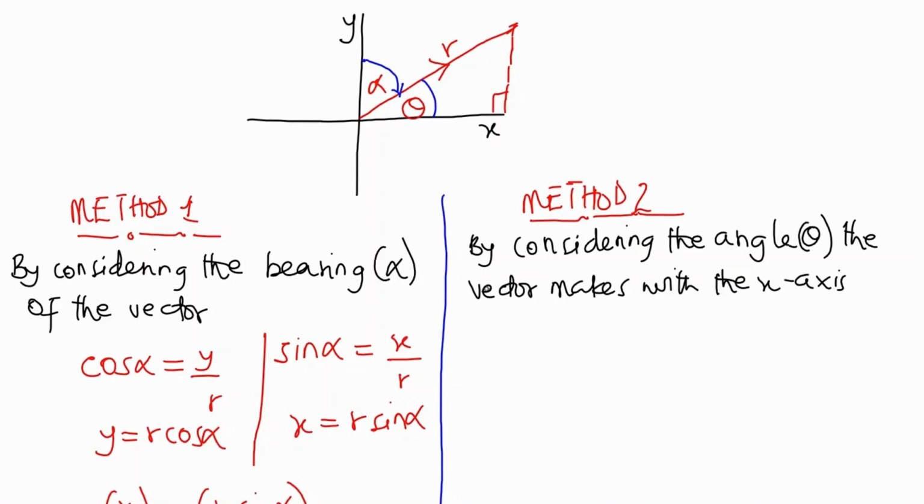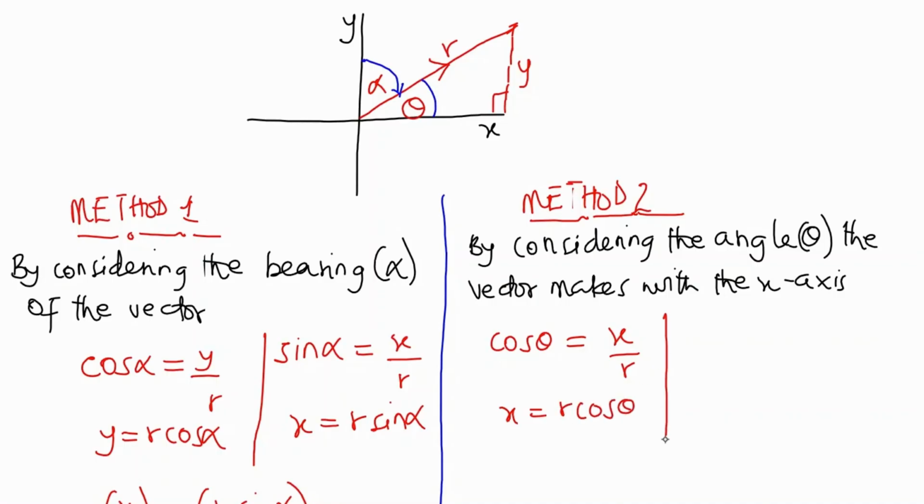So cos of theta will be equal to the adjacent part, which is x, and then the hypotenuse part we know to be r. So it means our x is equal to r cos theta.